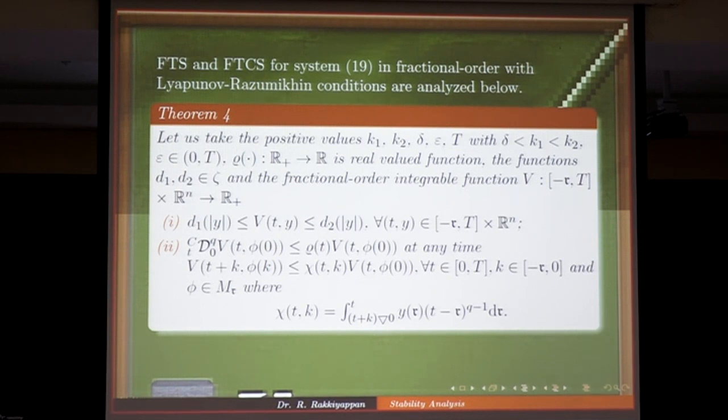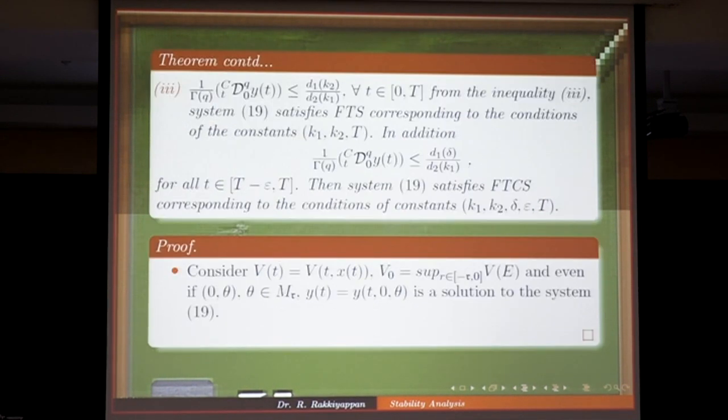So we derive the fractional order Lyapunov-Razumikin condition, a sufficient condition for the finite time stability as well as the finite time contractive stability. And these are the conditions that have been derived.